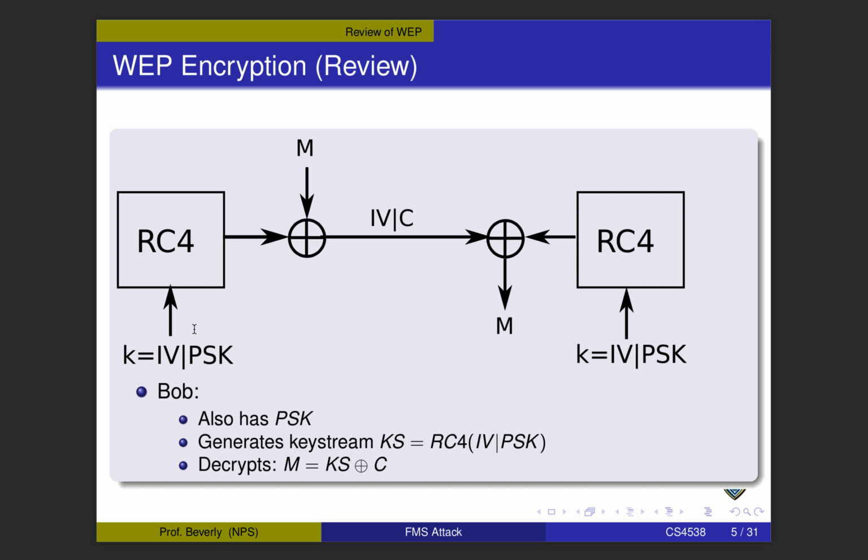Bob receives the IV, and our assumption here is that we're using symmetric key crypto. So Bob also has the pre-shared key. Bob then is a trusted party, and Bob can reconstruct the key that was used to generate the RC4 key stream. Bob runs RC4 to generate the key stream, and to decrypt simply, again, XORs the key stream with the ciphertext.